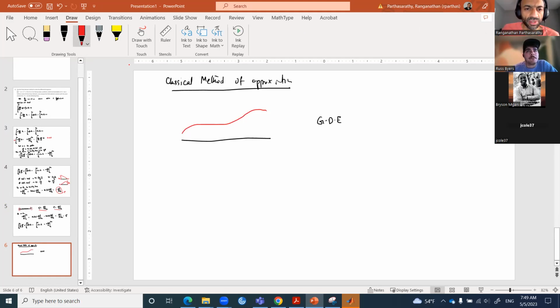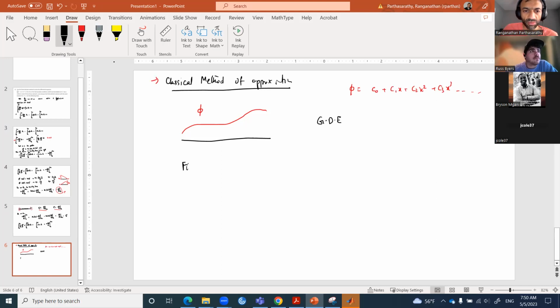And that approximate solution, if you remember, we used to take phi as C0 plus C1x plus C2x square or some form, or plus higher order C3x cube. We used to take some form of the approximate solution. We don't know what the true solution is. So we are assuming an approximate solution over the entire domain in the classical method of approximation.